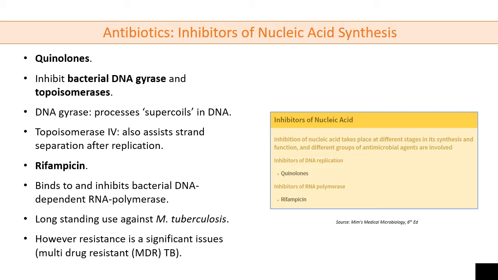Now, as we said, nucleic acid synthesis is like protein synthesis. It's occurring in bacterial cells and eukaryotic cells. However, the antibiotics will preferentially target the process in bacterial cells. Okay, so they will preferentially be having an impact on bacterial cells rather than eukaryotic cells.